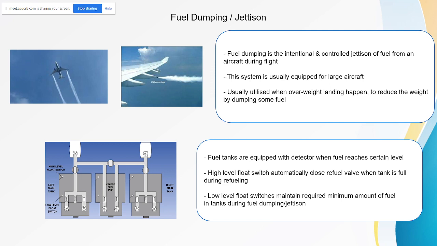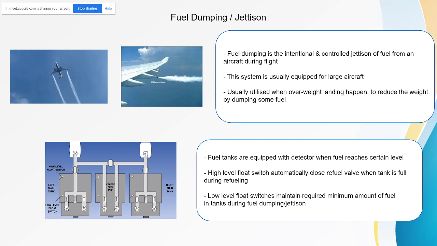Understand, you guys? Yes, sir. So this one is emergency. After you take off, something malfunctions, you want to turn back to the original airport or land at another airport, but you need to comply with the design landing weight, so you don't damage the structure.